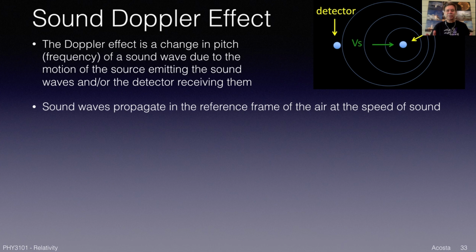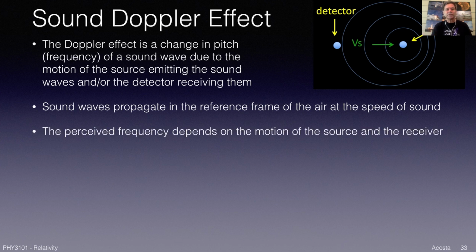Now, sound waves propagate in the reference frame of the air at the speed of sound, which at standard temperature and pressure is 343 meters per second. So the velocities are always with respect to the air that the sound waves propagate in. And the perceived frequency depends on the motion of the source and the receiver. How does it depend?